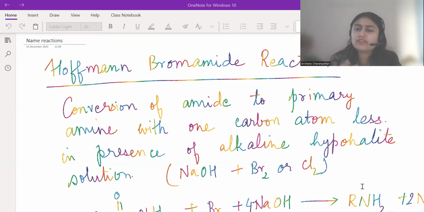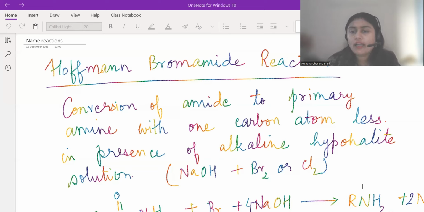It involves, as you can see from the board, conversion of amide to amine with one carbon atom less. The reagent used is alkaline hypohalite solution, which is nothing but NaOH plus Br2. Instead of mugging up the reagent, we can just look at the names and try to recollect or write the reagent.